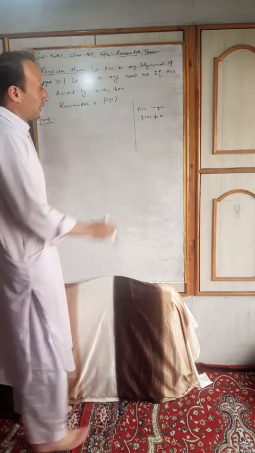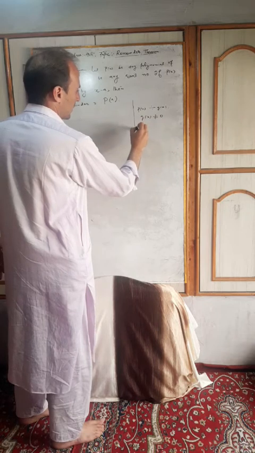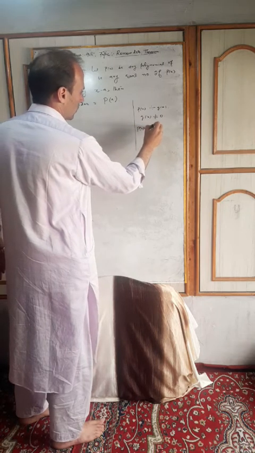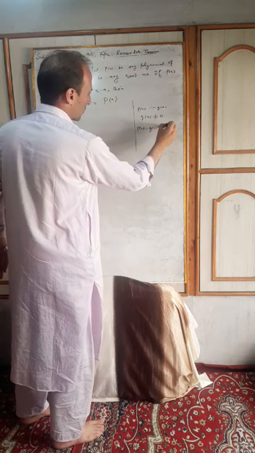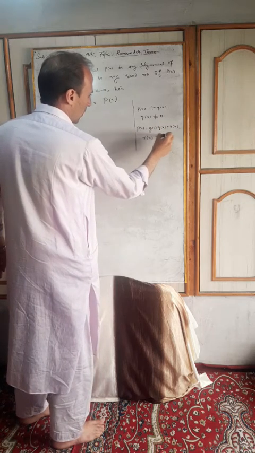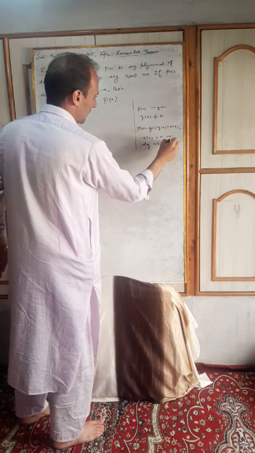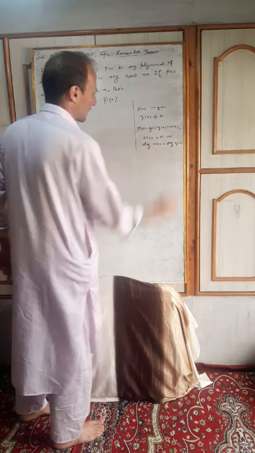We can find the polynomials q of x and r of x such that p of x is equal to g of x q of x plus r of x, where either r of x is equal to 0 or degree of r of x is less than degree of g of x.